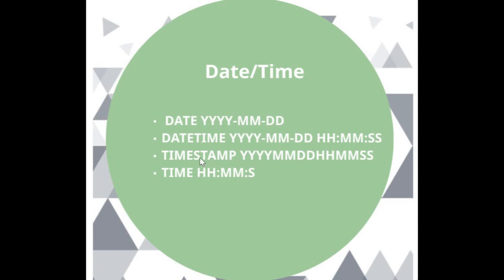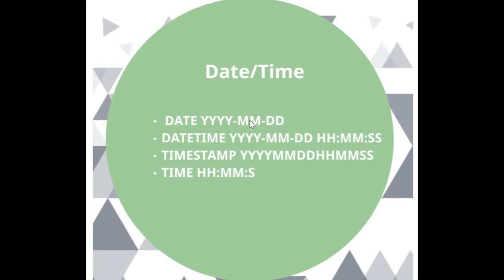If you use a timestamp, and this is common as well, you would see your year first, your month, your date, your hours, minutes, and seconds. And then if you use the time data type, you would just see the hours, minutes, and seconds. So depending on the format of the date or time you want to display in your website, you can choose from one of these and put that in.